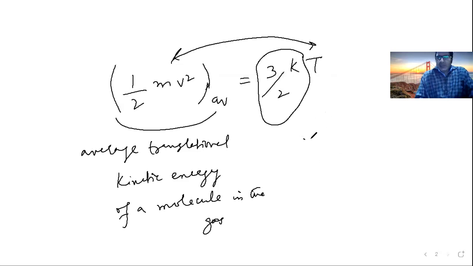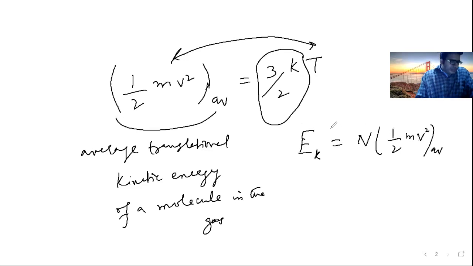If I have to write the total average translational kinetic energy of the gas, I write it this way: E subscript K is equal to N times half m v square average. m is mass of molecule, v is its speed, right? N is the total number of molecules in the gas.